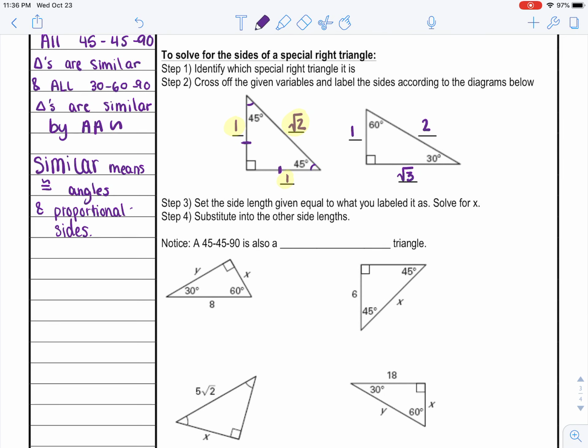So when we set up our proportion, we're always going to put our ratios on top, and then our given values on bottom. What's given in our picture or on our triangle.